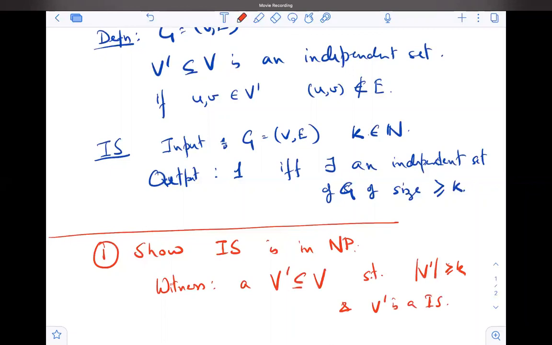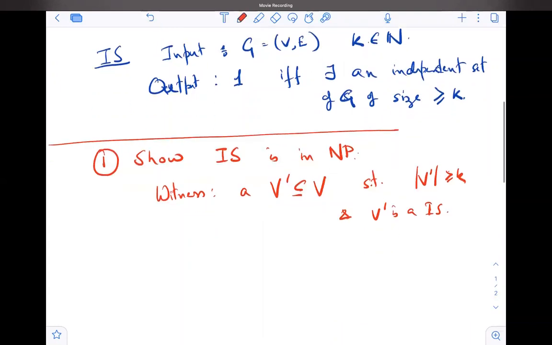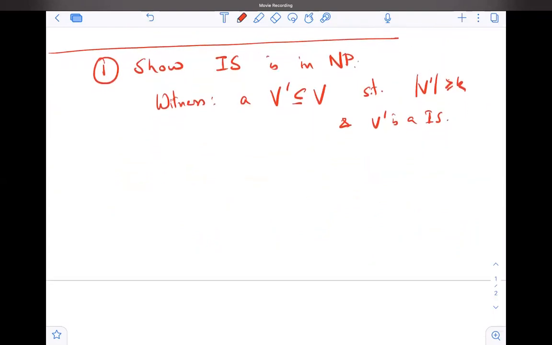All you have to check is whether the witness is correct, meaning you check whether V prime is indeed bigger than K, and whether V prime is indeed an independent set, and both can be done in polynomial time. If you just write this, we are good enough. You don't have to give an algorithm or something like that.